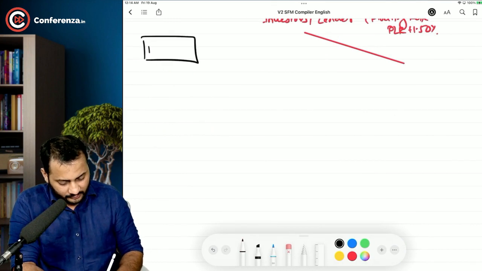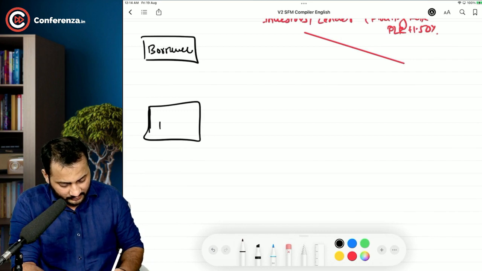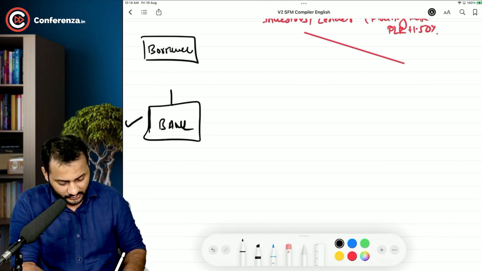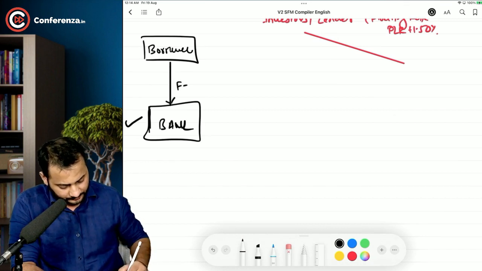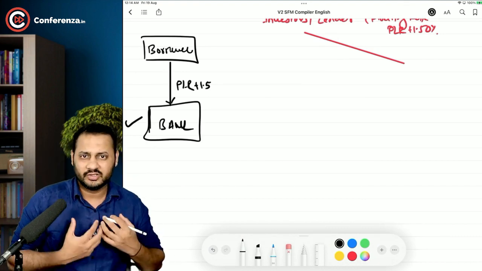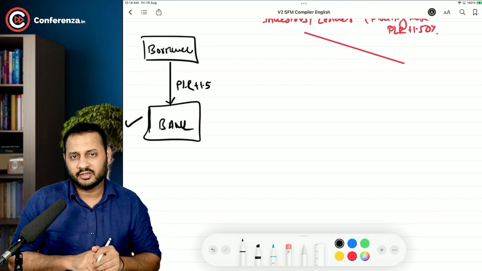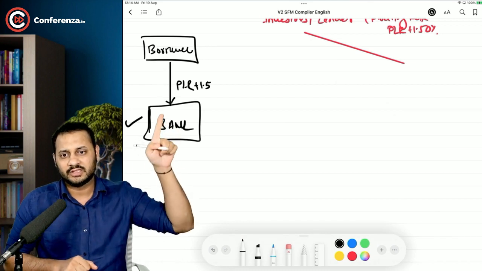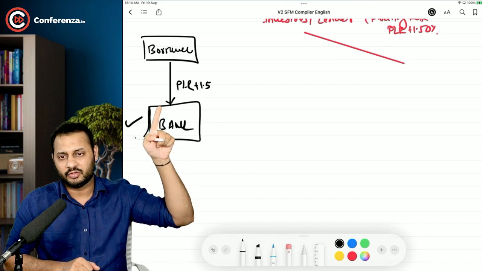These are the borrowers and this is the bank, and this is what we are, the company in this question. So we are going to receive a floating rate of PLR plus 1.5%, right? And we are scared that the interest rate will go down and we will receive a lesser amount every year from the borrowers.